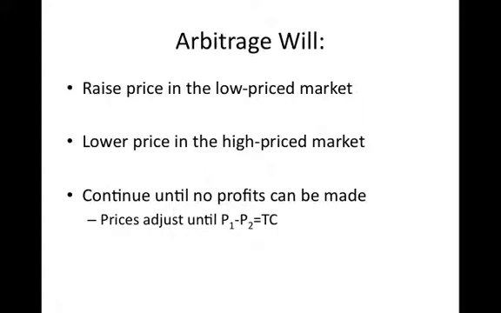So prices are going to adjust until the difference is exactly equal to the transportation costs. And so at the margin, when that last unit of product flows across the border, what we would expect to see is that the difference in prices is equal to the transportation costs. Now in class on Wednesday, we're going to go through a couple of examples. They're somewhat simple examples, but I think they illustrate the important underlying point that's going on here.